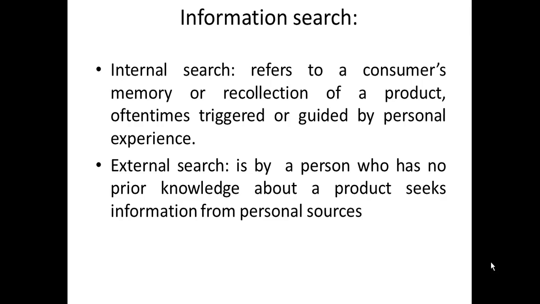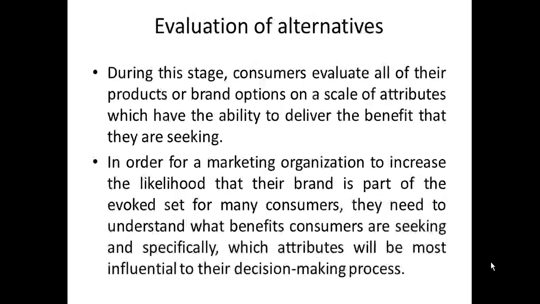Now, when it comes to evaluation of alternatives, of course, the potential buyer or the customer will have to compare different products and different sources of where to buy the information from. Here he'll be faced with brands, different brands, maybe it's laptops, different laptops, and so on.